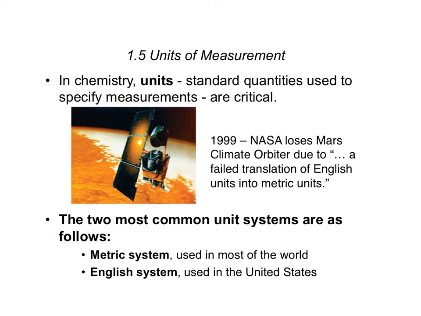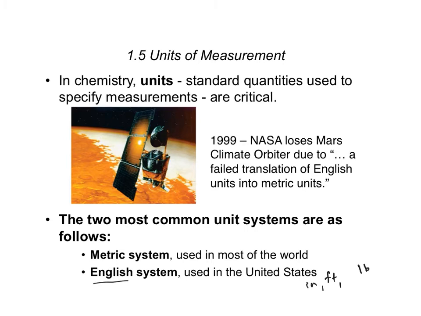There are two common unit systems, one that we use and the one that the rest of the world uses, okay? So we use, in America, the English system, unfortunately, right? So English system, what type of units are those? If I'm measuring the length of things, how do I usually measure that? Feet, inches, etc. What about the weight of something?